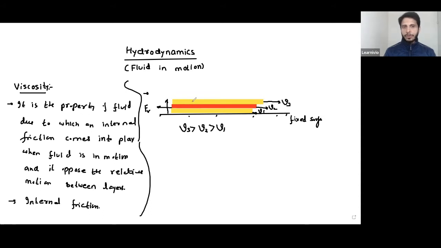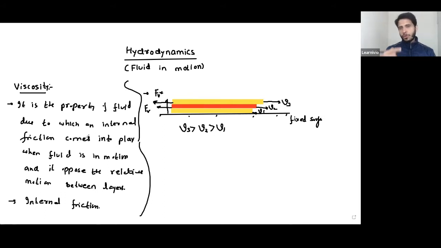If layer 2 tries to slow down layer 3, then it will apply a viscous force in a direction opposite to that of velocity. This is the viscous force that we are going to study, and the property due to which this viscous force comes into play is known as viscosity. So it's a type of friction.